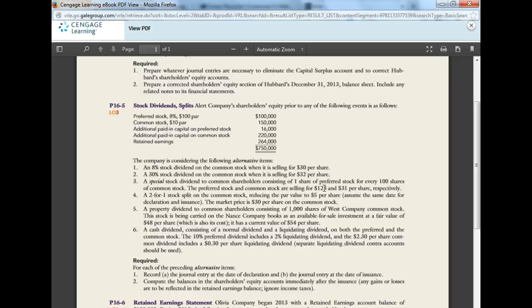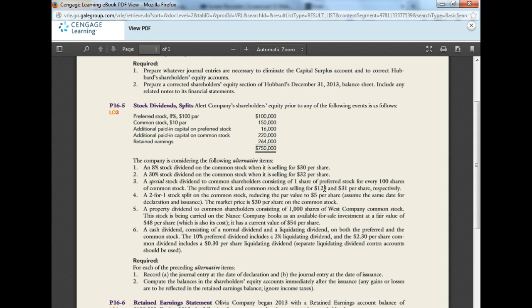We've got preferred stock, 8%, $100 par for $100,000. We've got common stock at $10 par for $150,000. We've got additional paid-in capital on preferred stock for $16,000.